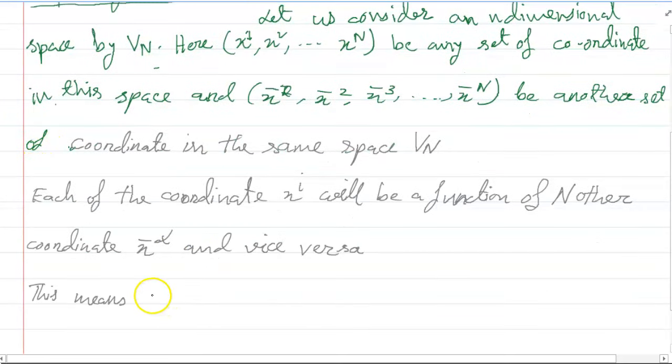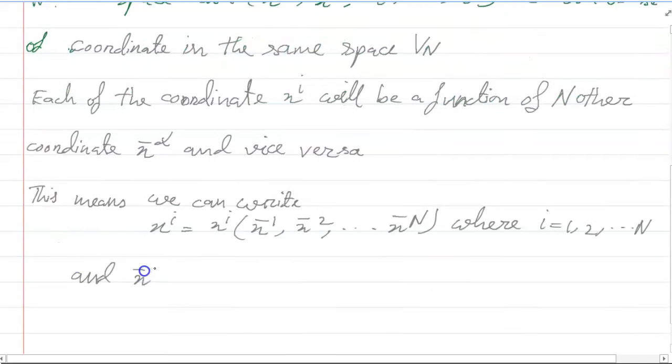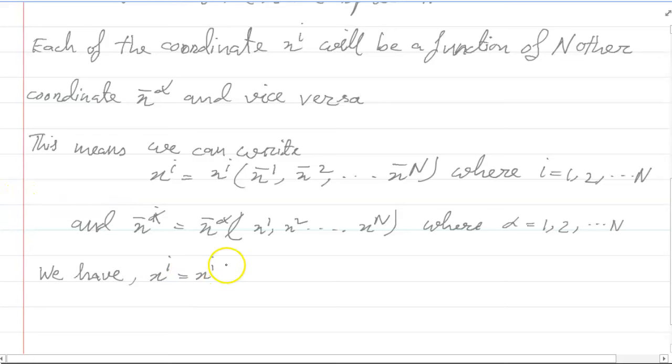This means we can write x^i = x^i(x̄^1, x̄^2, x̄^3, up to x̄^n), where i = 1, 2, up to n, and x̄^α = x̄^α(x^1, x^2, up to x^n), where α = 1 up to n.